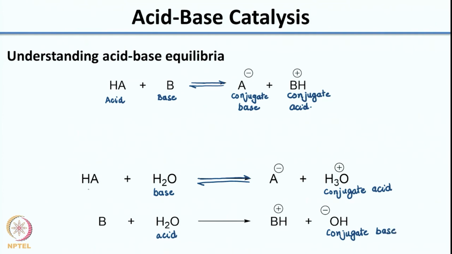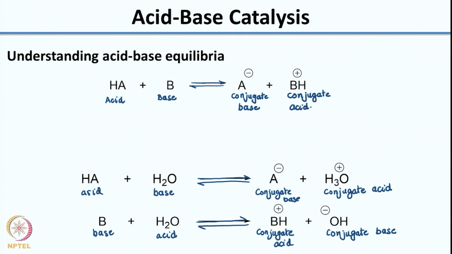So, this is your acid, this is your base, this is your conjugate base and this is your conjugate acid. And as I told you earlier, this process is also in equilibria. So, this is a better arrow to represent this.